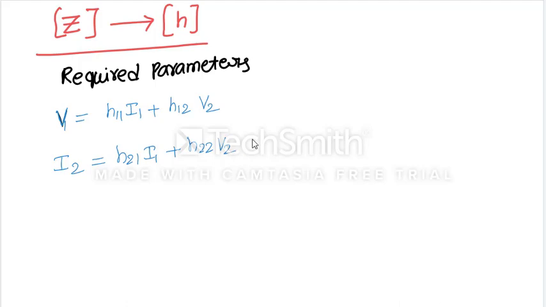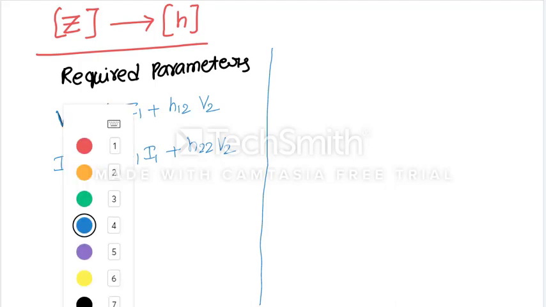And what known parameters also we should write now. Tell me the known parameters.